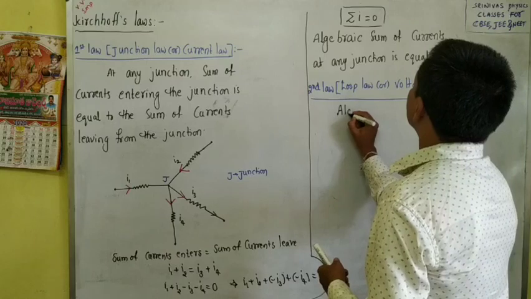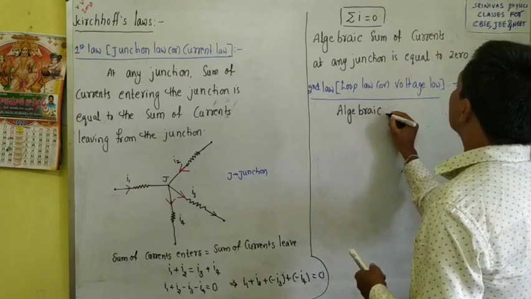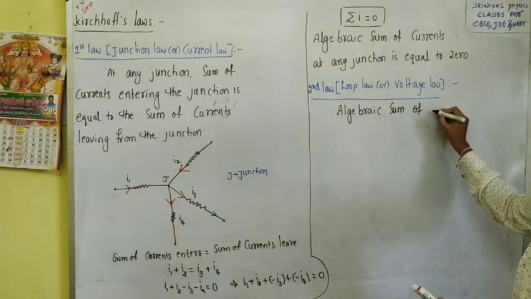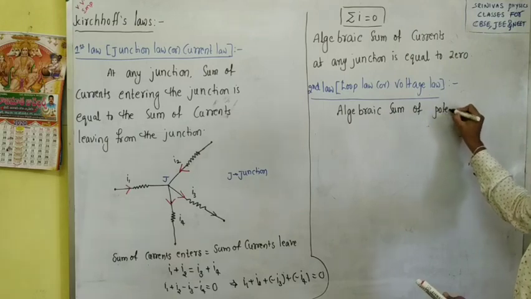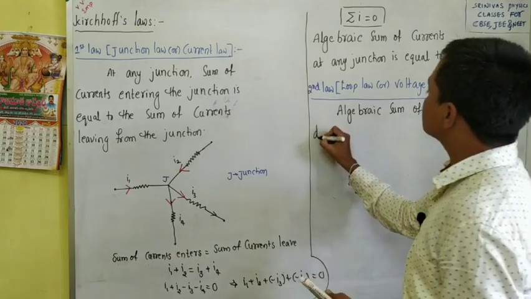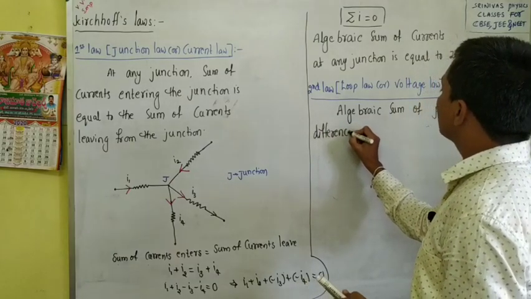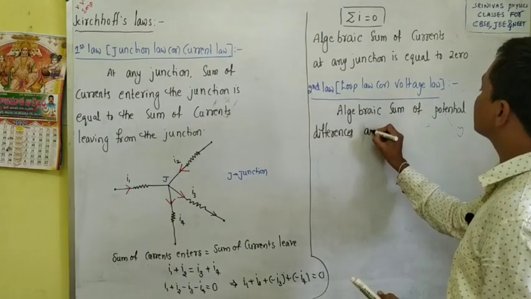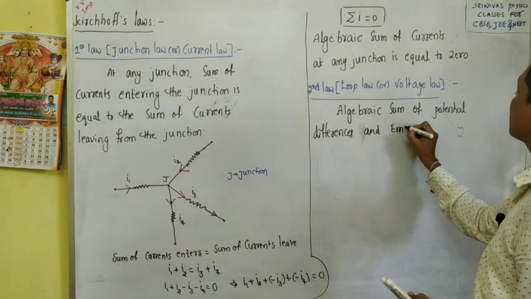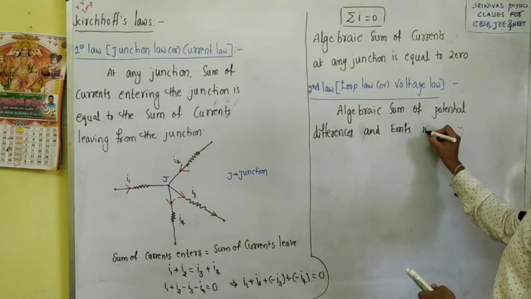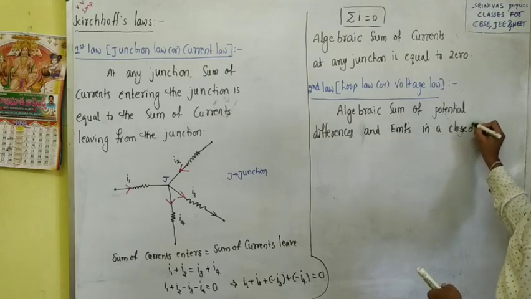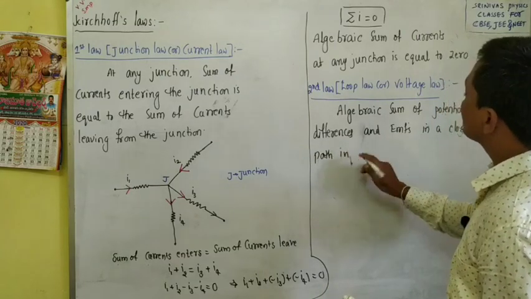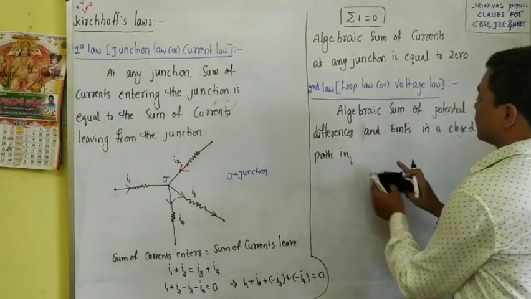It was very simple. The algebraic sum, meaning addition, not some, of potential differences and EMFs in a closed circuit, or simply in a closed path, is equal to 0.